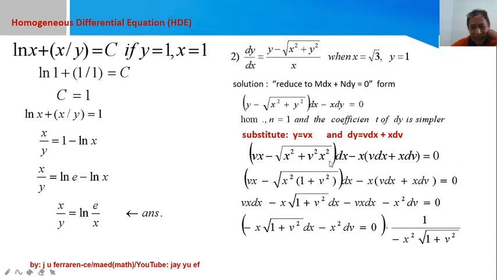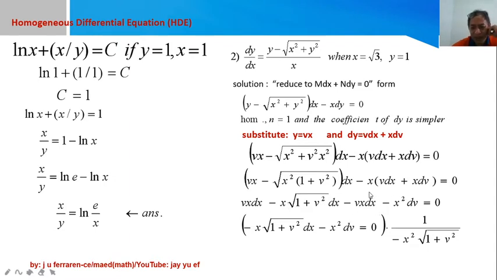Then it is distributed. Upon distribution, we have vx dx. This is x only, taking the square root of x squared is x, then the square root of 1 plus v squared, so multiplied also with the dx. This is minus vx dx. Coefficients in alphabetical order so we can easily identify terms which are similar.